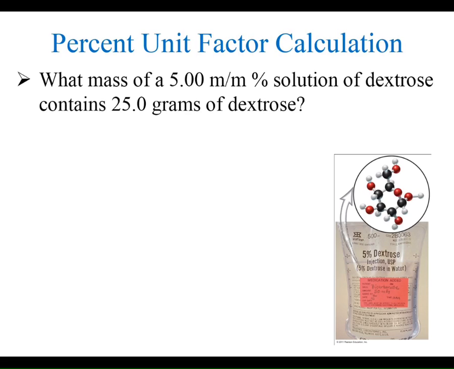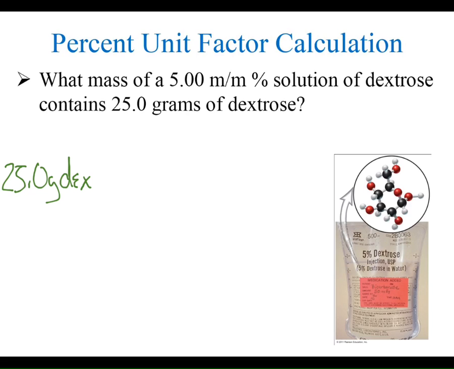So I have 25.0 grams of dextrose. I'll just put dex because I'm going to run out of room here. Well, I want to turn dextrose into solution. How do I relate dextrose and solution? 5.00% means what? There's 5.00 grams of dextrose per 100 grams of solution.